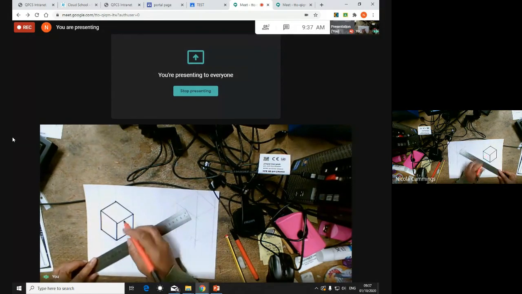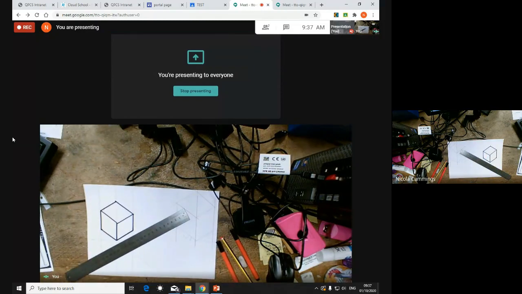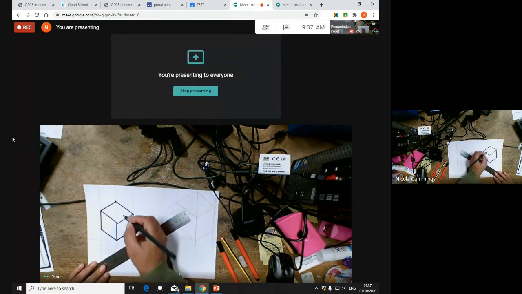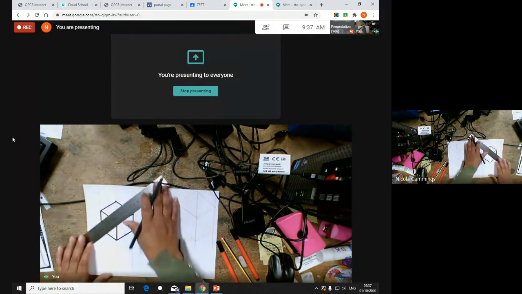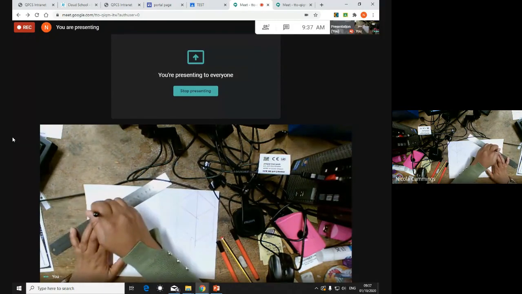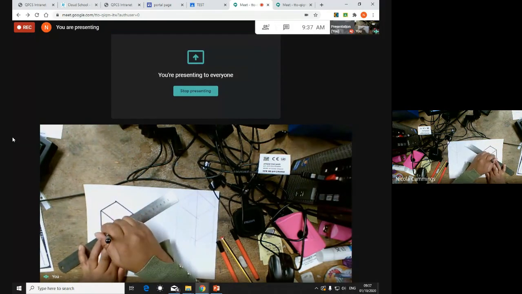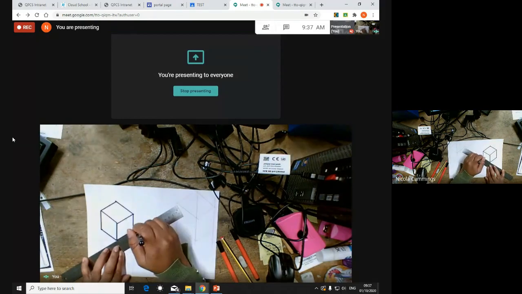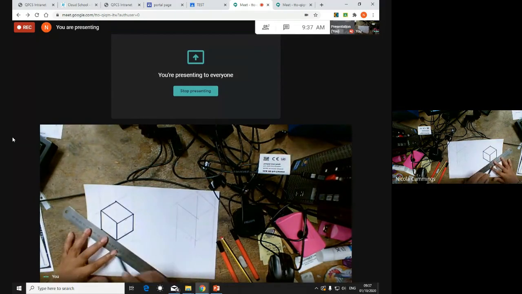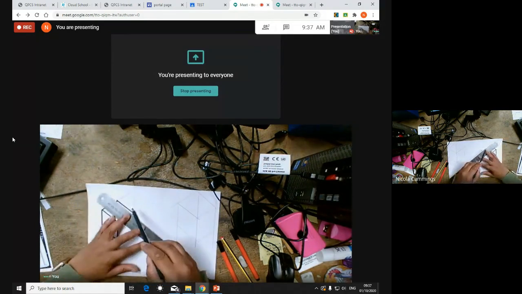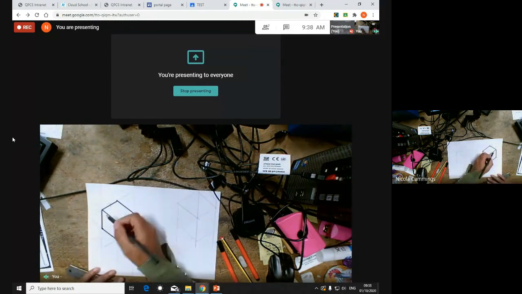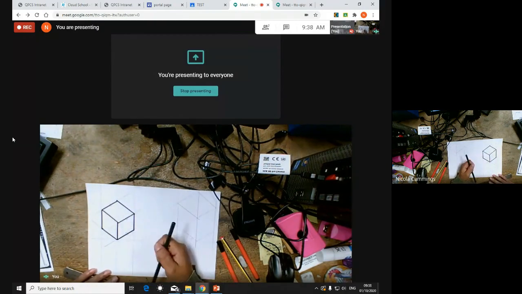So if this line here is at the same angle as this line and is at the same angle as that line, if I drew a line through this particular shape, you'd be able to see that they are all at the same angle. Okay. So those three lines are all at the same angle.